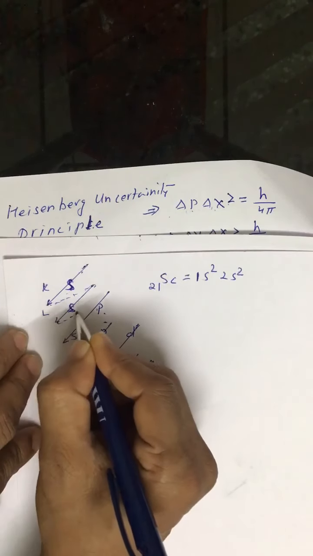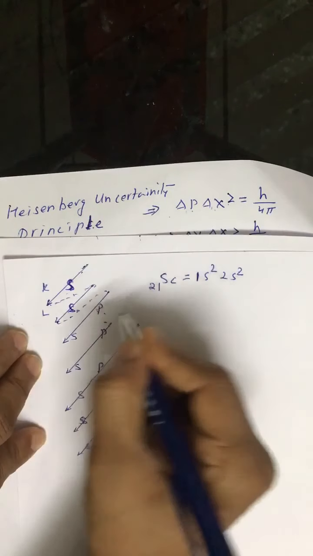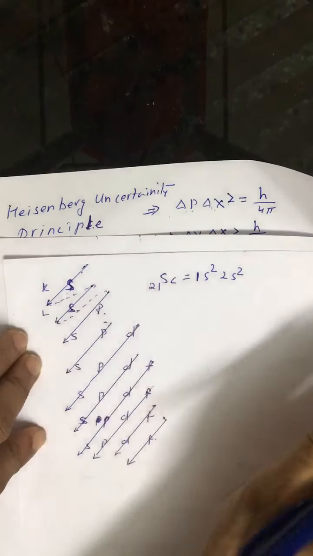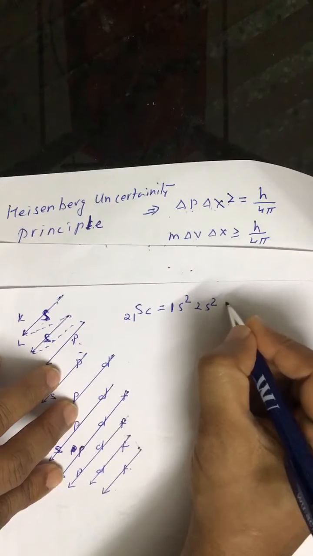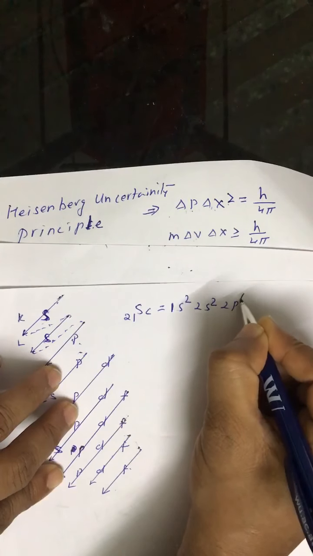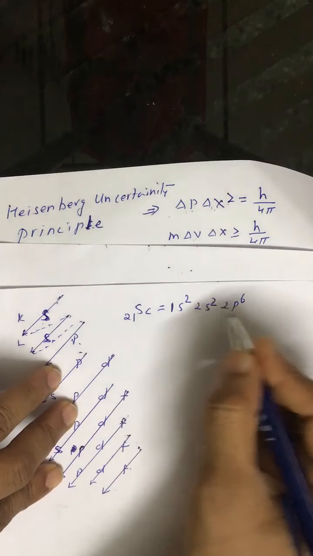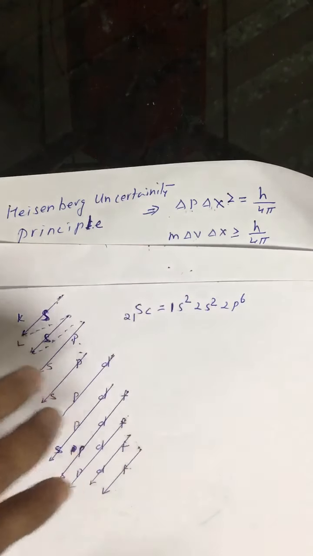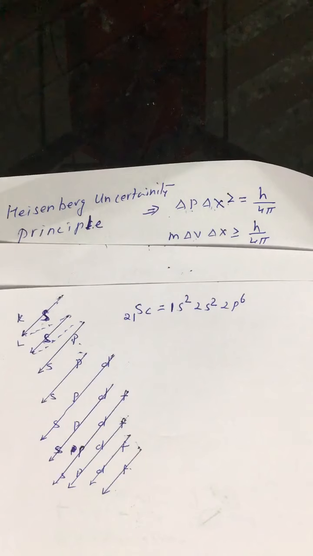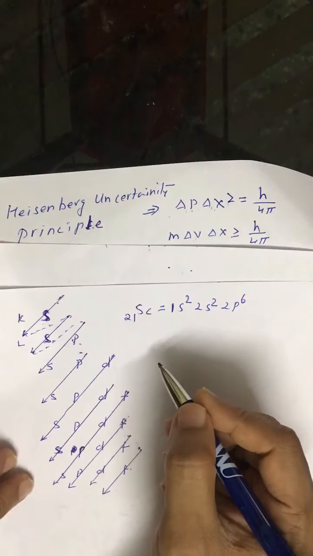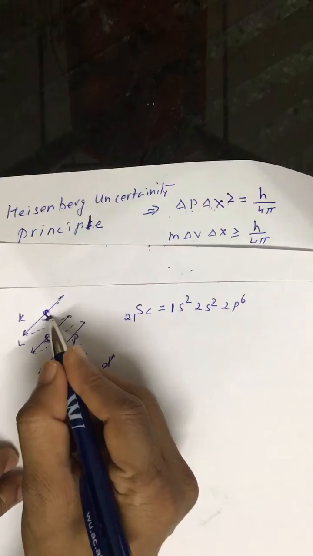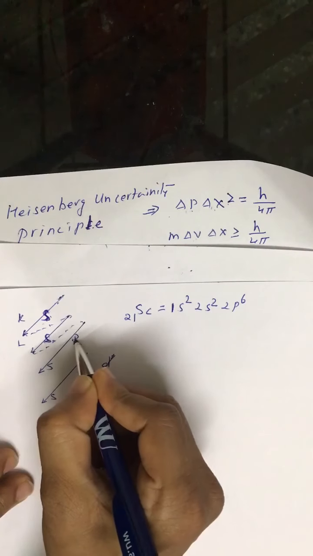After filling 2s, the electron will go to 2p, and p can contain a maximum of 6 electrons. S can contain a maximum of 2, P a maximum of 6, D a maximum of 10, and F a maximum of 14 electrons. So 1s2, then 2s2, then 2p6.